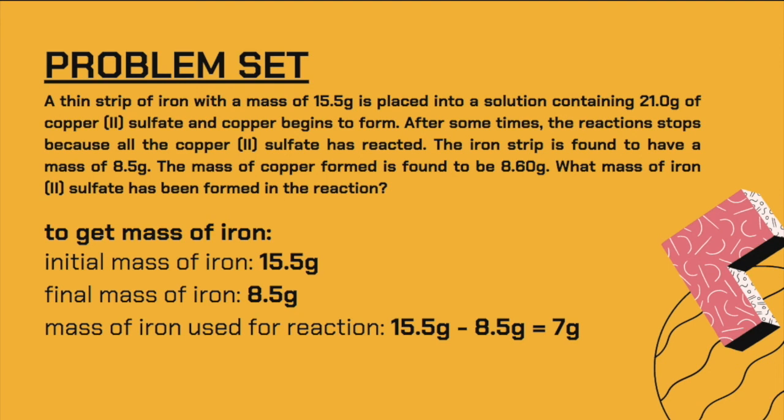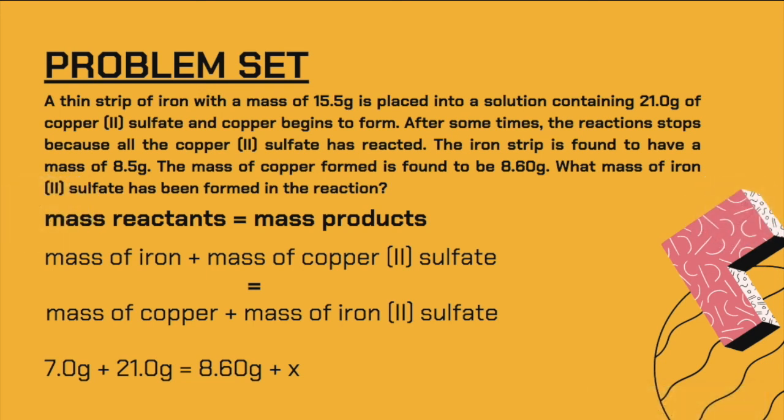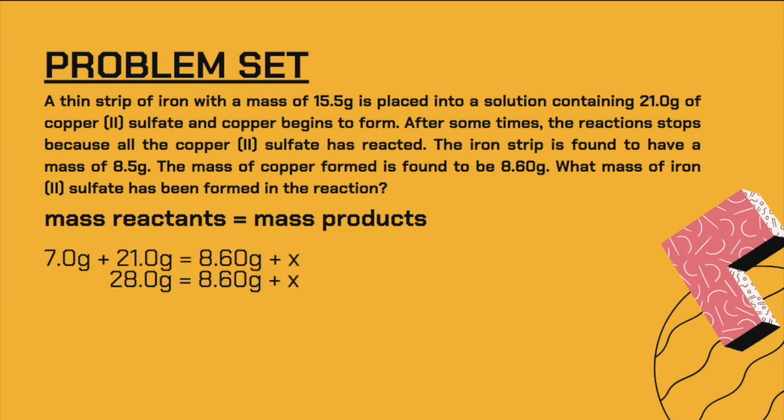Okay, so now substituting it into our equation, we have 7.0 grams of iron plus 21.0 grams of copper 2 sulfate is equal to, so our mass of reactants, again, mass of iron and mass of copper 2 sulfate, is equal to the mass of copper, which is provided by the problem, 8.60 grams, plus the mass of iron 2 sulfate, or our unknown variable x.